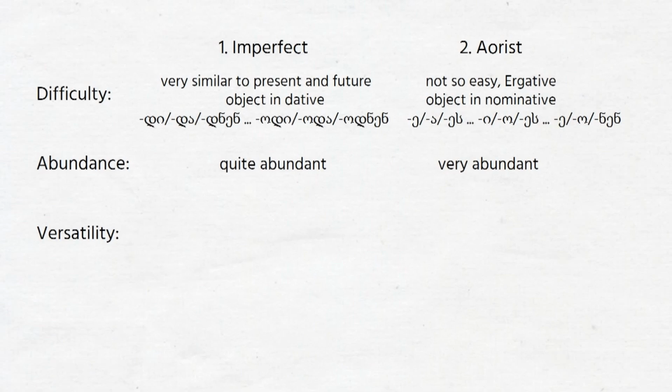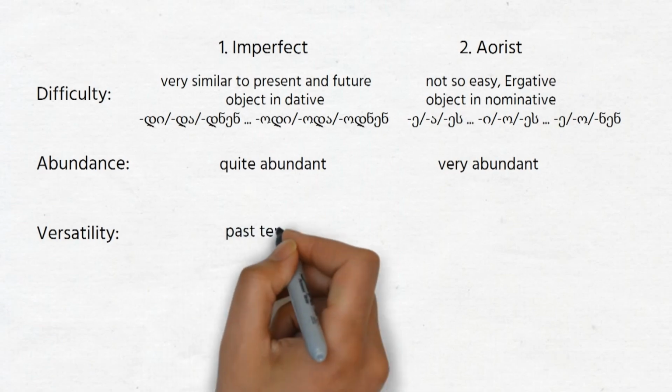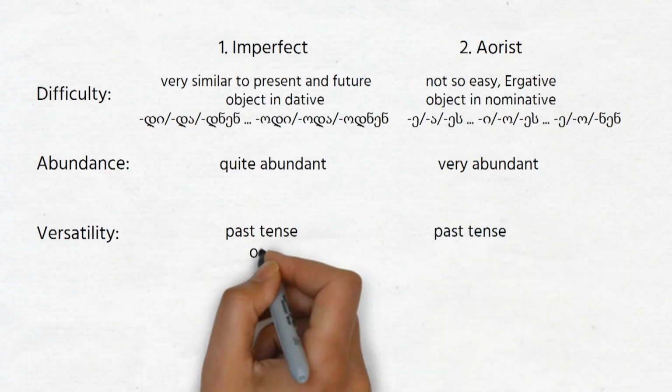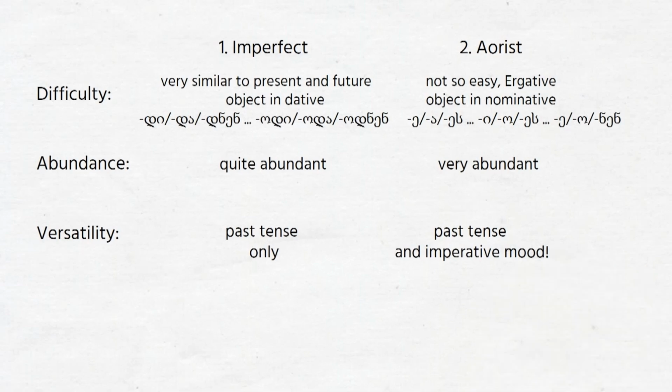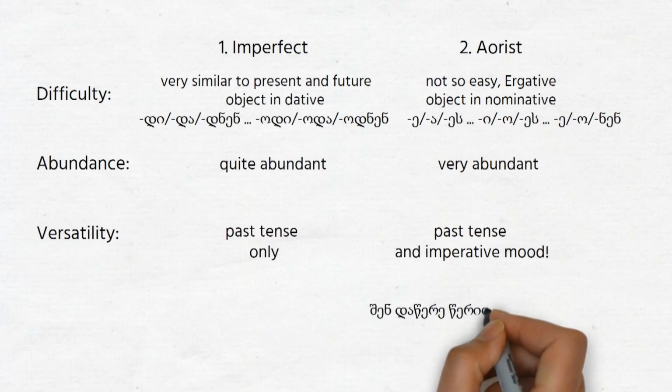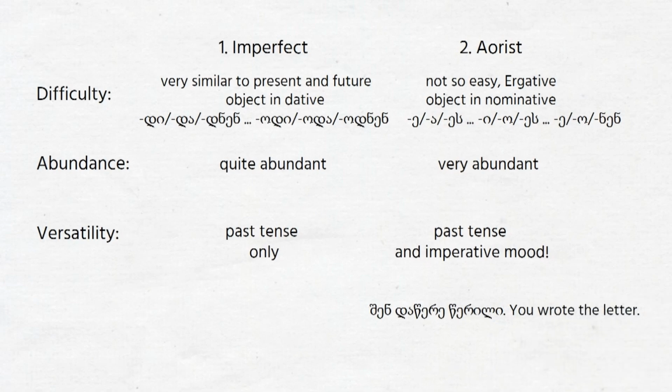When you know how to use the imperfect in Georgian, you can express the past, same with aorist. But the imperfect doesn't give you much more, but the aorist does, because if you know how to express the aorist, then you get the imperfect for the same price, because it's identical in form. Let me give you one example. Shen datz ere erili, you wrote the letter.